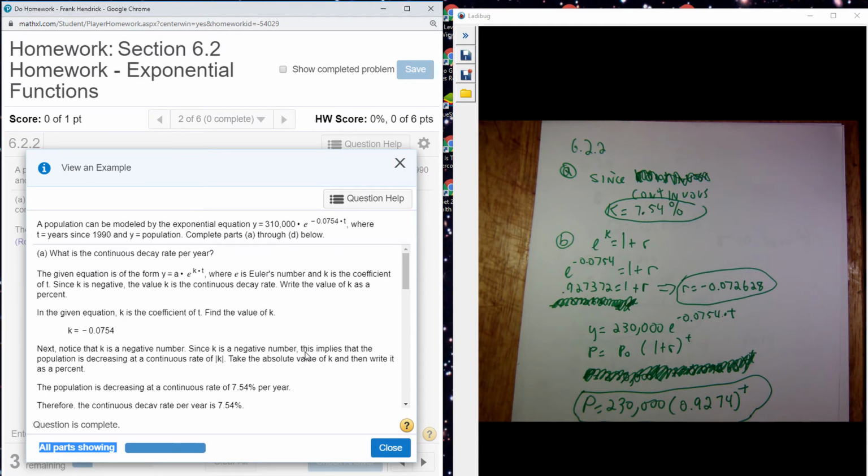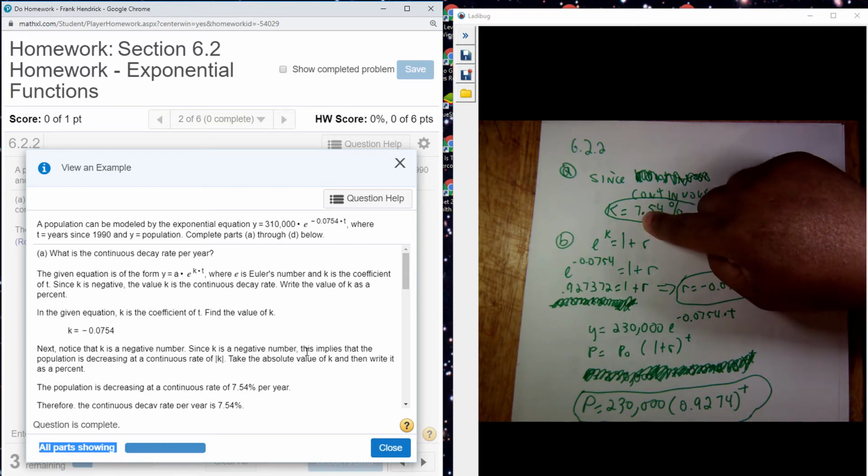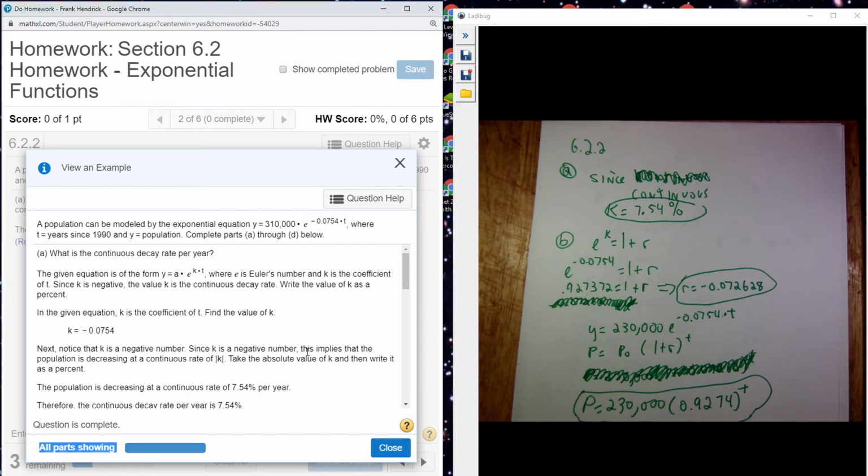And this one here asks you, what is the continuous decay rate per year? So they're asking about the k value. We look at the function here, and we see that the k value is equal to a negative 0.0754.